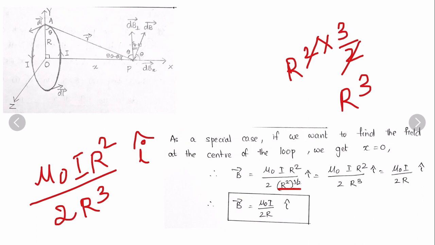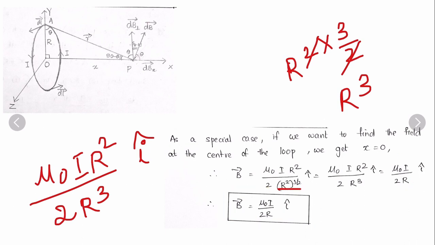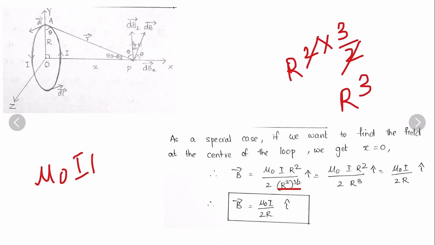I cap is the unit vector along the x axis. Then R square and R cube, R square is cancelled, and one R will remain. Therefore, you will get mu 0 I by 2 R into I cap. This is the formula for the magnetic field at the center of the circular coil.